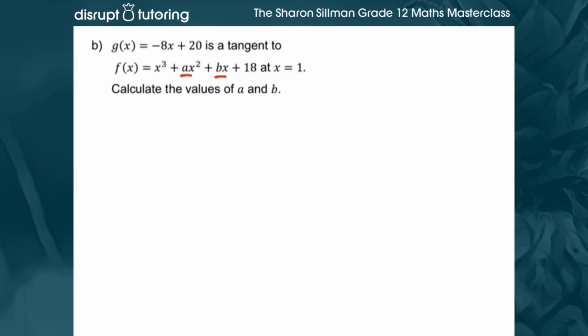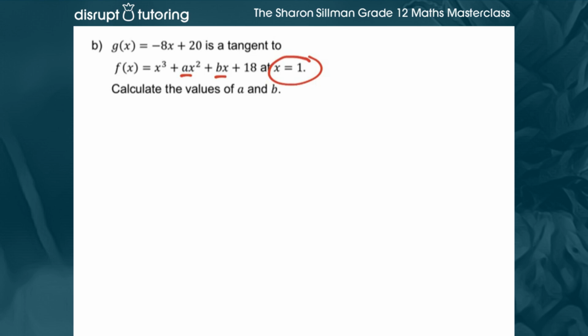But we need to think what we know about calculus. So first of all, if the point of tangency is where x equals 1, remember what we know about the derivative. The derivative of a function represents the gradient of the tangent at any point. It's not any point in this case.